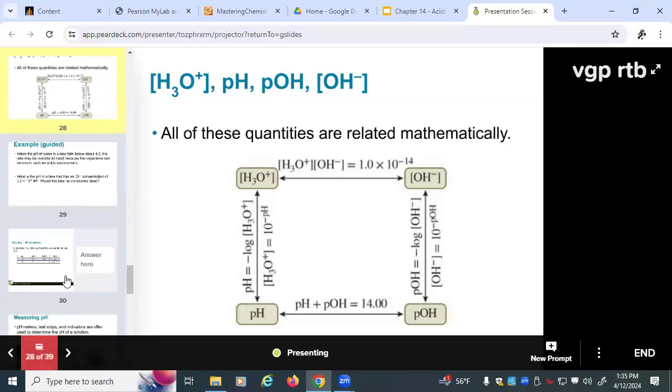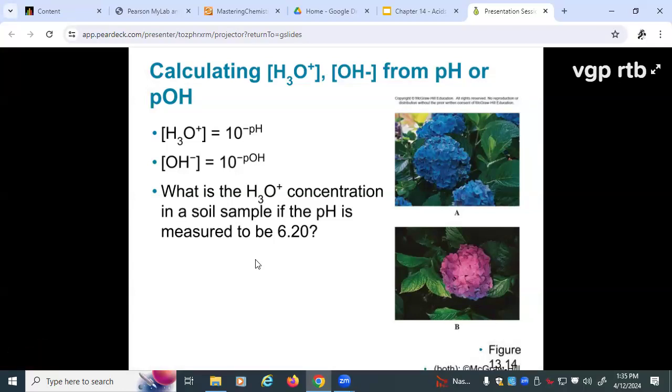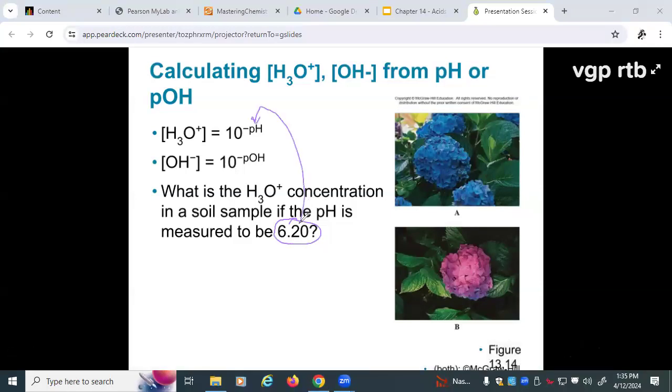And that's what this looks like right here. If I wanted to do a calculation like this, where I was trying to evaluate the pH of a soil sample and figure out what the hydronium concentration was, since I'm given a pH value, I can stick that pH value right there. 10 to the negative pH will give me hydronium.